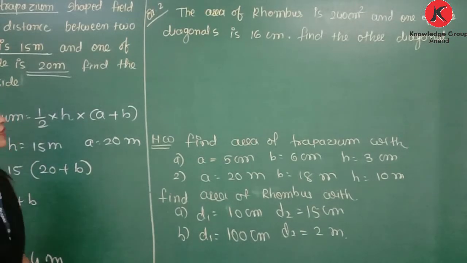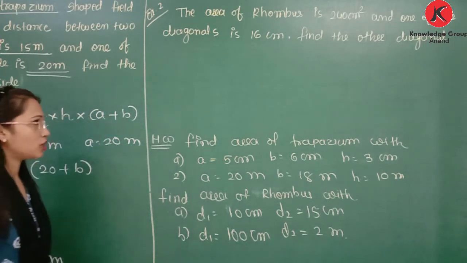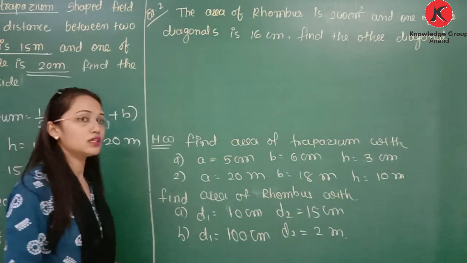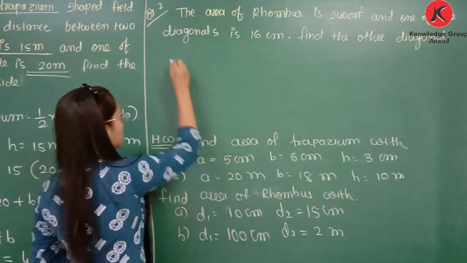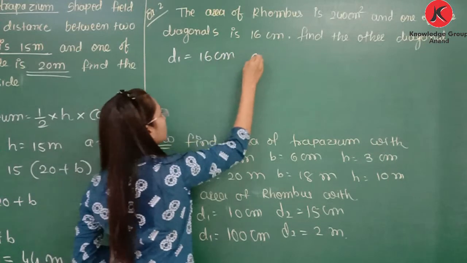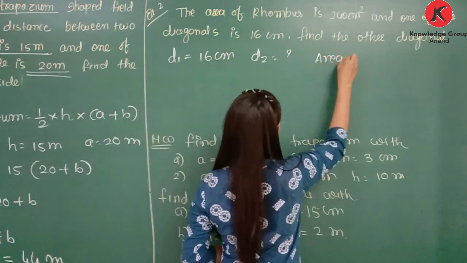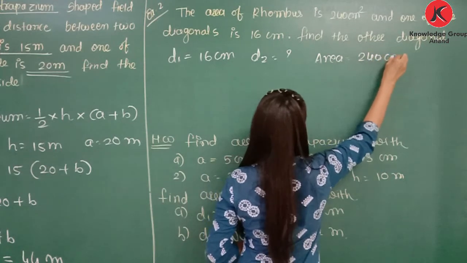Now next, the area of a rhombus is 240 centimeter square. One of the diagonals is 16 centimeter. Find the other diagonal. So here in the question, what information is given? d1 is given as 16 centimeter, d2 we need to find, and area is given 240 centimeter square.